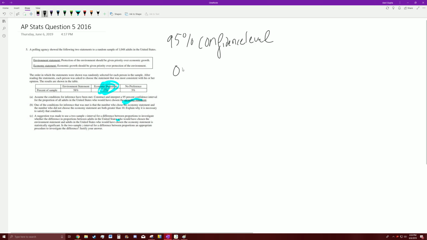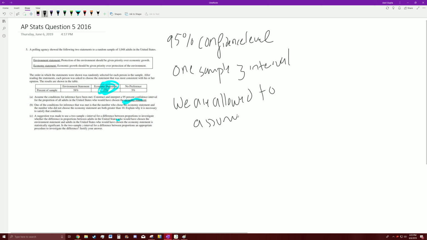This is a one sample z interval. We are allowed to assume the conditions for inference have been met.